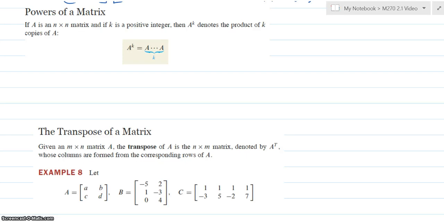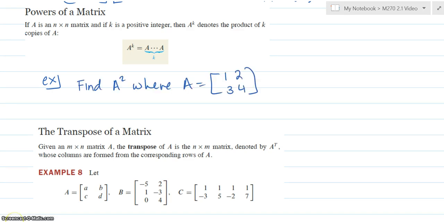So you need a square matrix, and k needs to be a positive integer, and then you have this formula just like a power exponent.